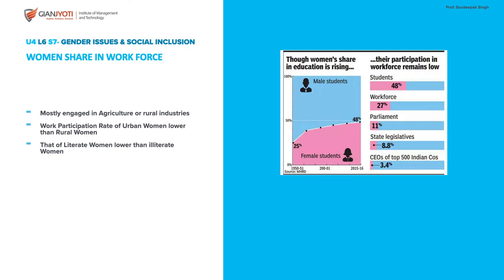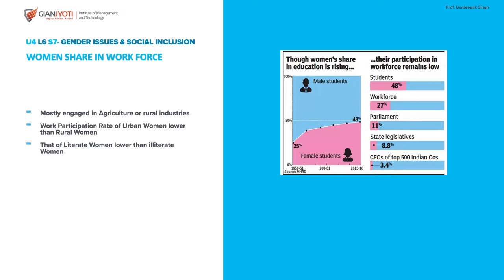Let us have a look at the women's share in workforce. If we look at the Indian scenario of women in the national workforce, mostly the women are engaged in agriculture or other rural industrial work.